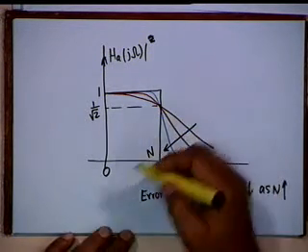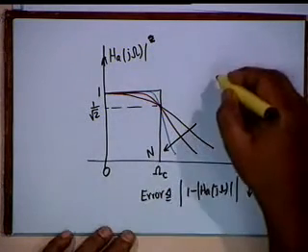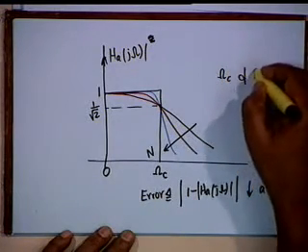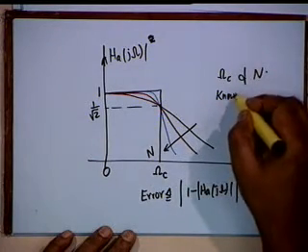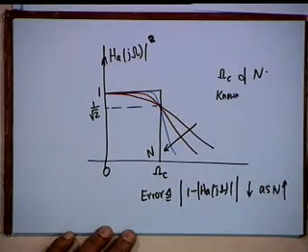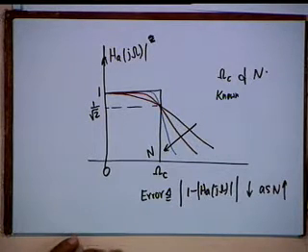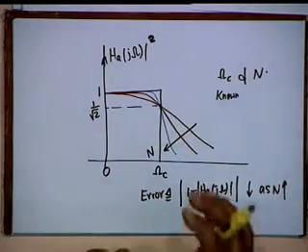And if omega sub c is known, then that's all that you have to determine. If omega c is known, then all you have to do is to find the order that is required to satisfy the given specifications. You should not over satisfy the specs by choosing a higher order.